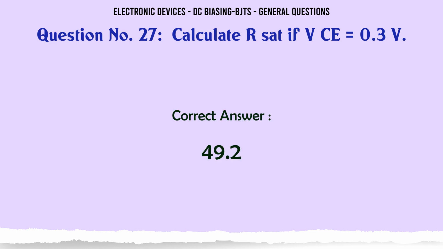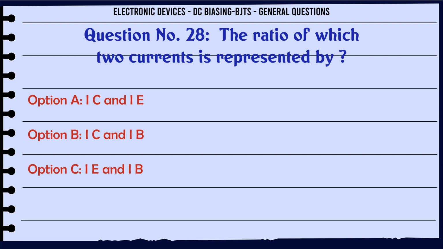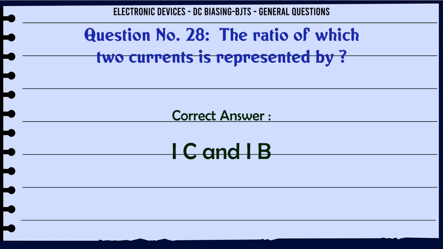The correct answer is 49.2. The ratio of which two currents is represented by beta? A IC and IE, B IC and IB, C IE and IB, D none of the above. The correct answer is IC and IB.